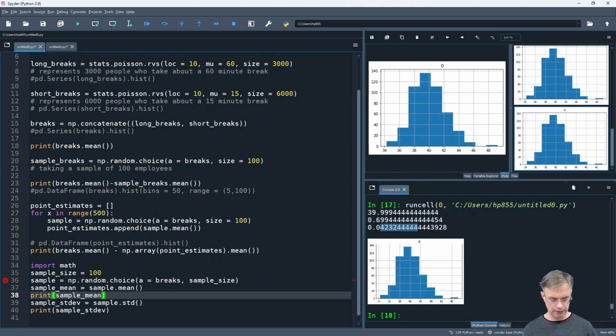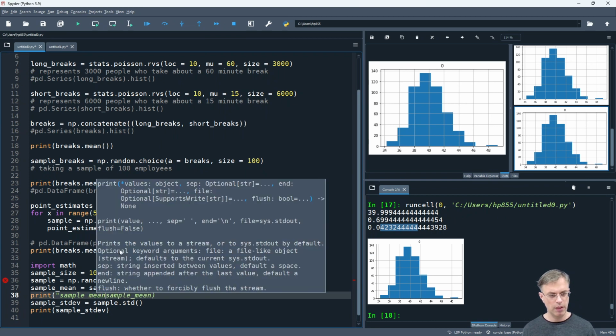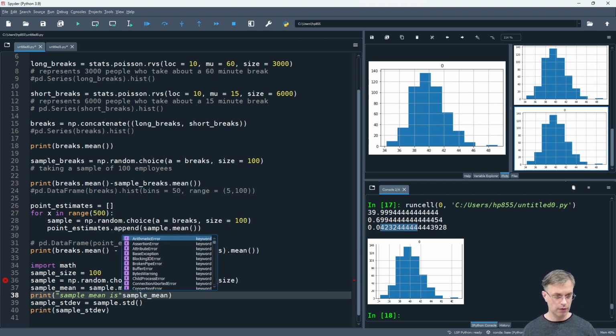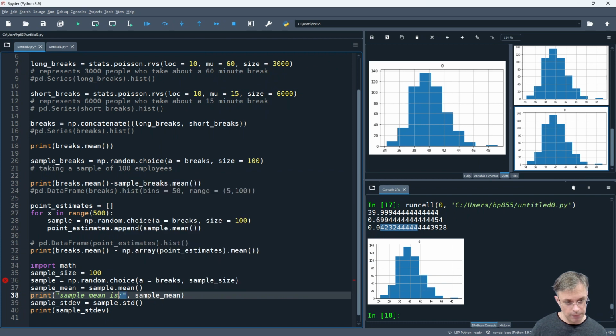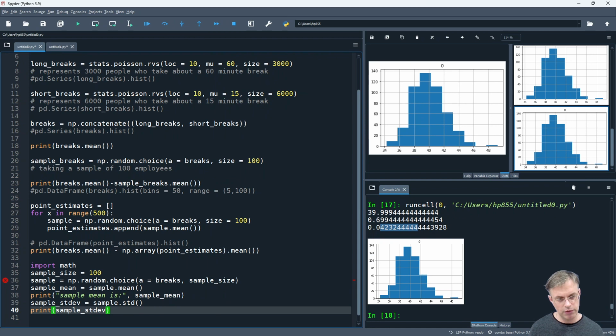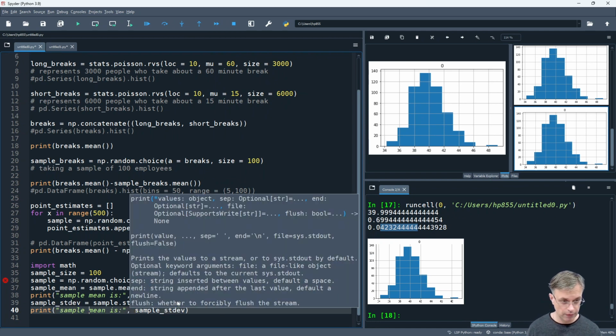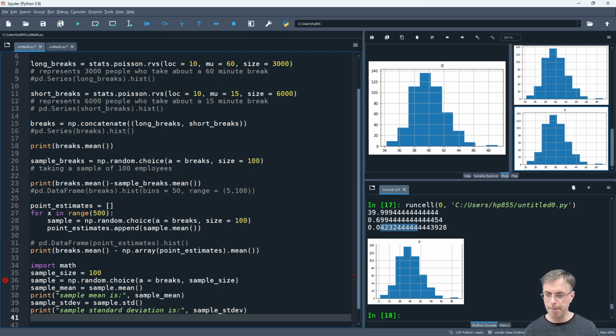Okay, and then let's continue again. Now sample mean is good, and I'm going to take this as well. Sample standard deviation is okay.